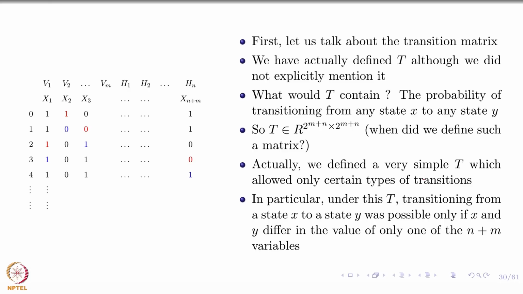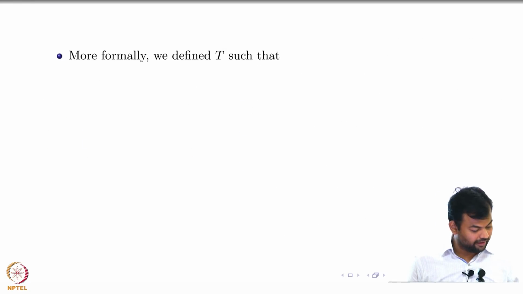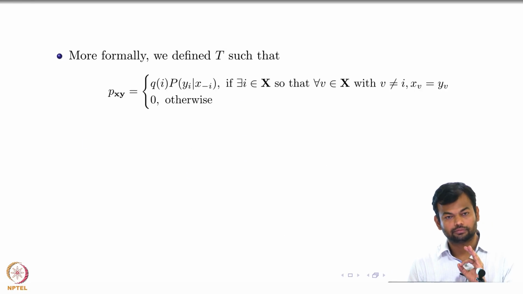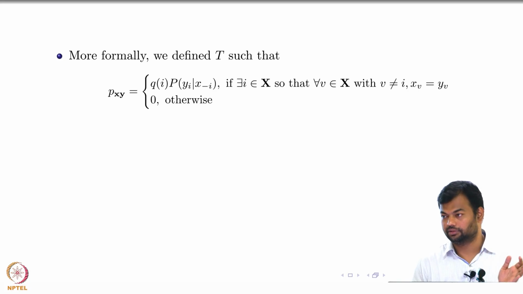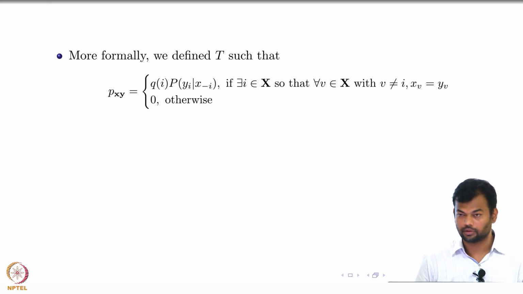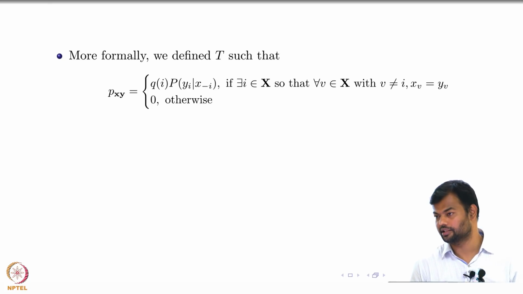And what were the non-zeros? Did I give you a formula for the non-zeros? Did I? Okay, so let's see. We define T using this. I urge you to read it, understand it, and explain it to me. Focus on the zero otherwise, that's always easy.